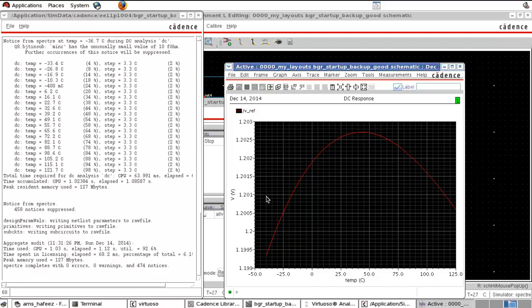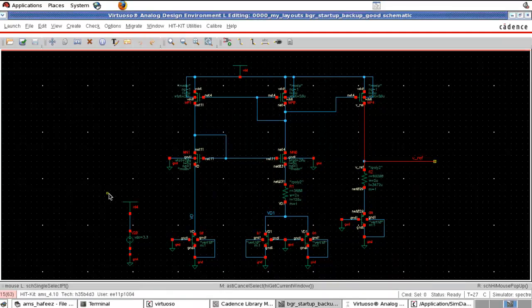We got the reference voltage near 1.2 volt, and this is without any startup circuit.